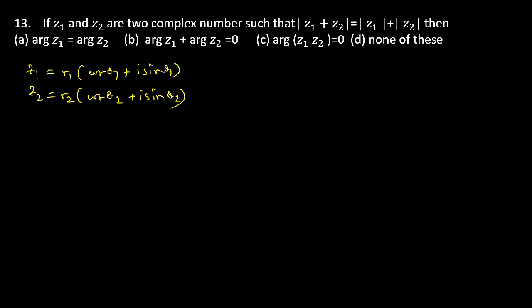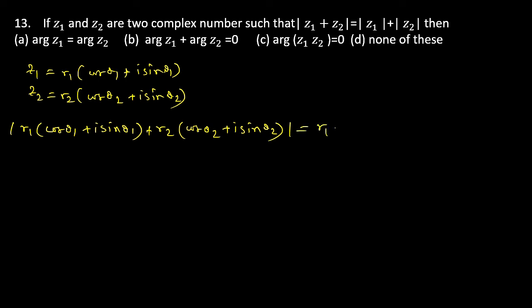Then putting this in the given condition, we have r1 cos theta 1 plus i sin theta 1 plus r2 cos theta 2 plus i sin theta 2 equal to mod z1, which means r1, plus mod z2, which means r2.